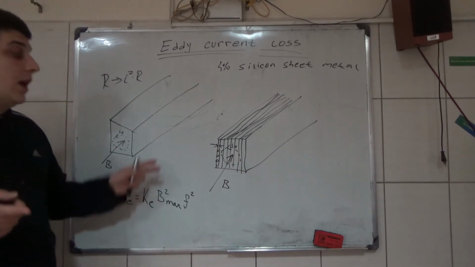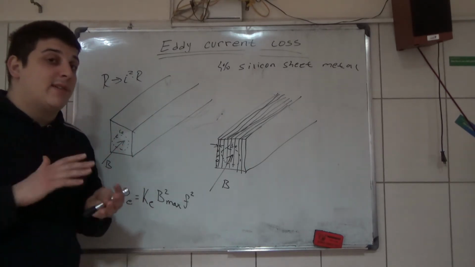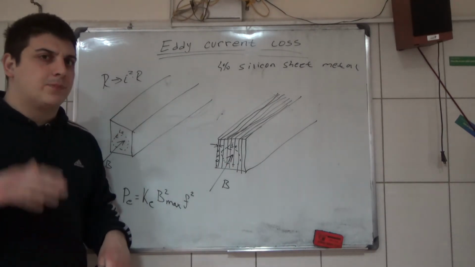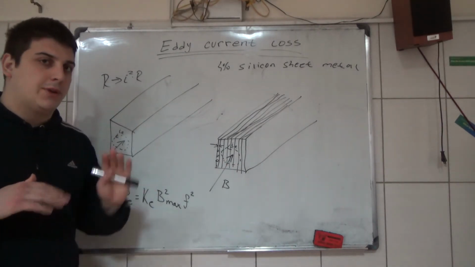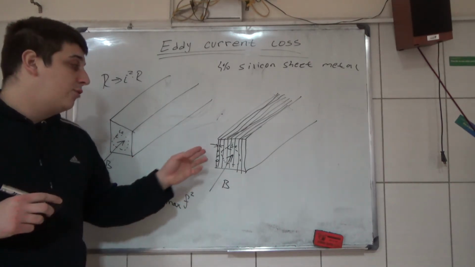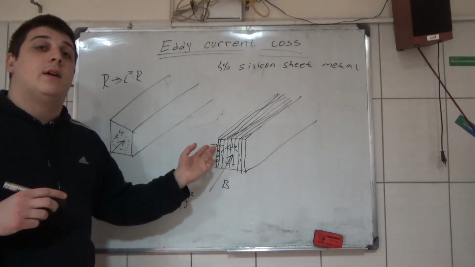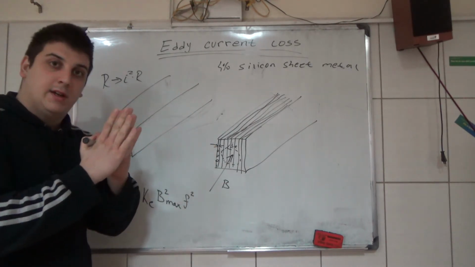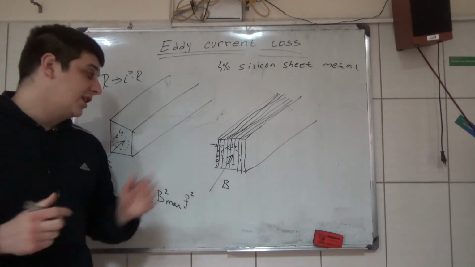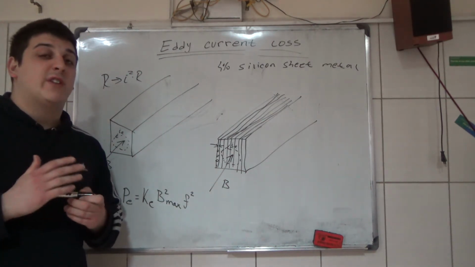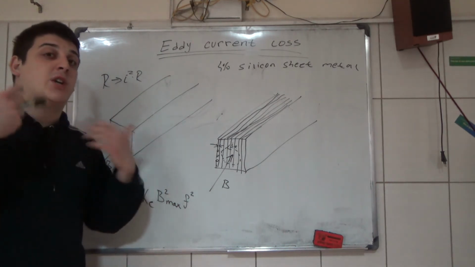That's why in electronic circuits, if you have a small transformer for stepping up and stepping down the voltage, you have to make the laminating material thinner than in huge electric machines, because in small electronic circuits frequencies are much higher.